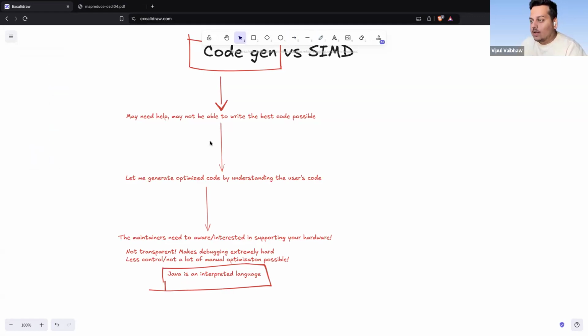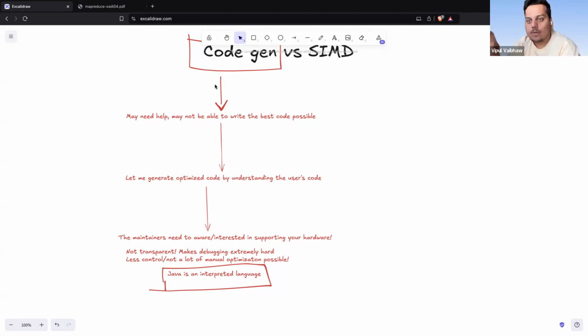So the problem is, Ganesh, that once the code is generated, a lot of things get inserted into your code which you don't see, because the code gets compiled into bytecode and the JVM executes it. So you don't exactly see what is being executed. That is not a transparent thing.